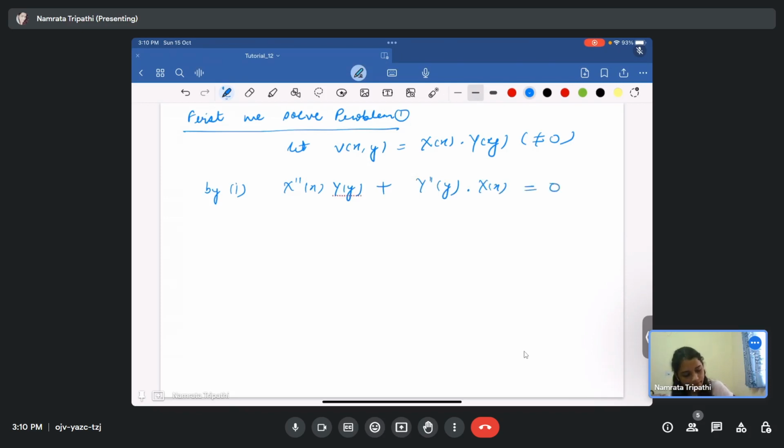fine. That implies, the left hand side is in the x variable and the right hand side is in the y variable, so the ratio will equal some constant.